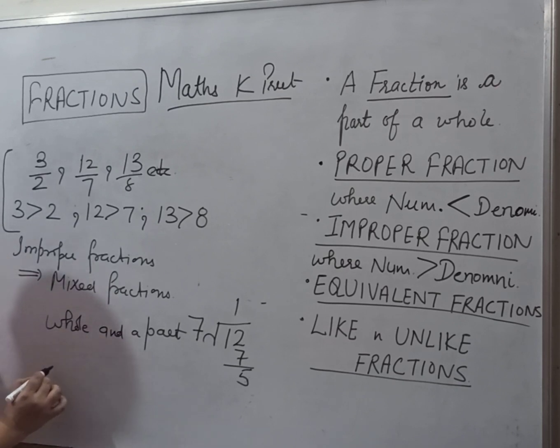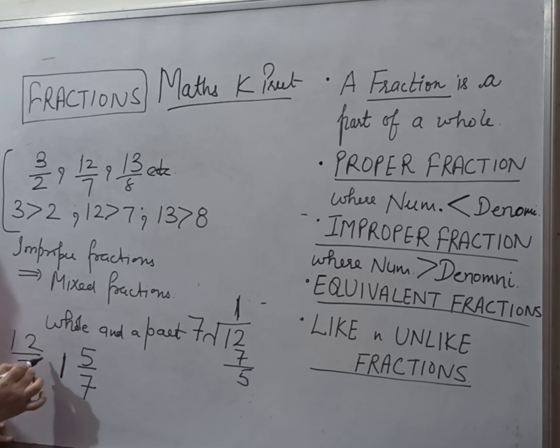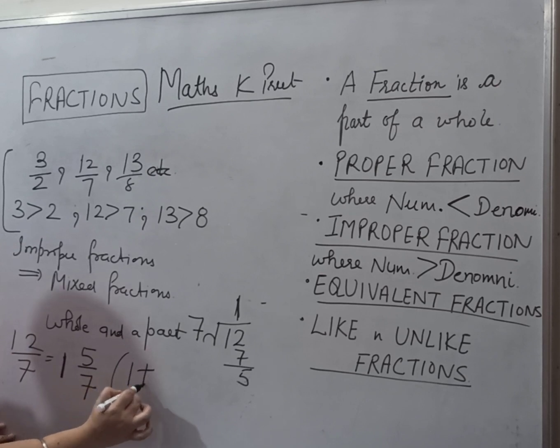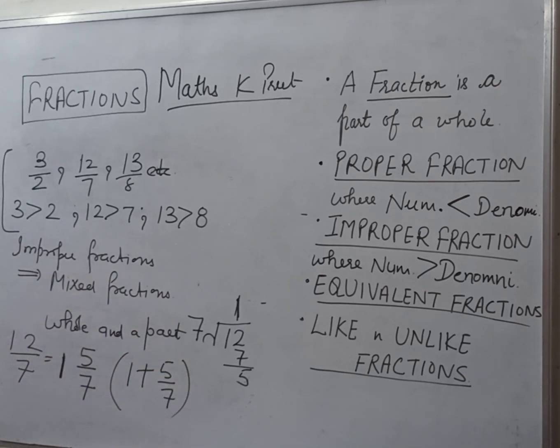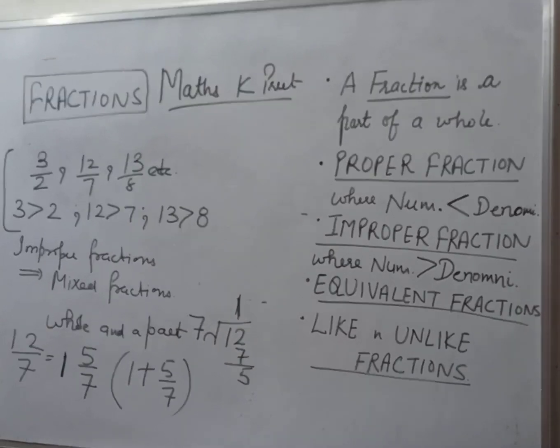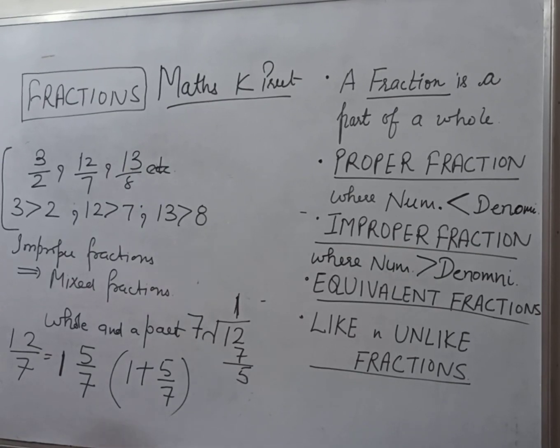So here the quotient is the whole, and 5 by 7 is the part, and the original improper fraction was 12 by 7. This can be written as 1 plus 5 by 7, which in the form of a mixed fraction is 1 5 by 7.